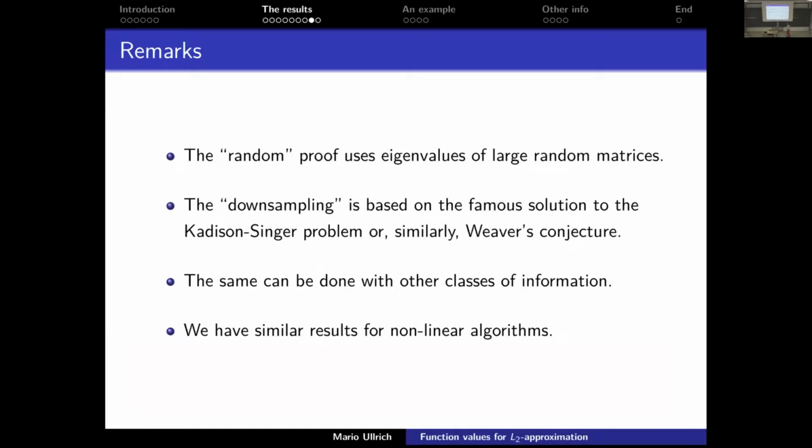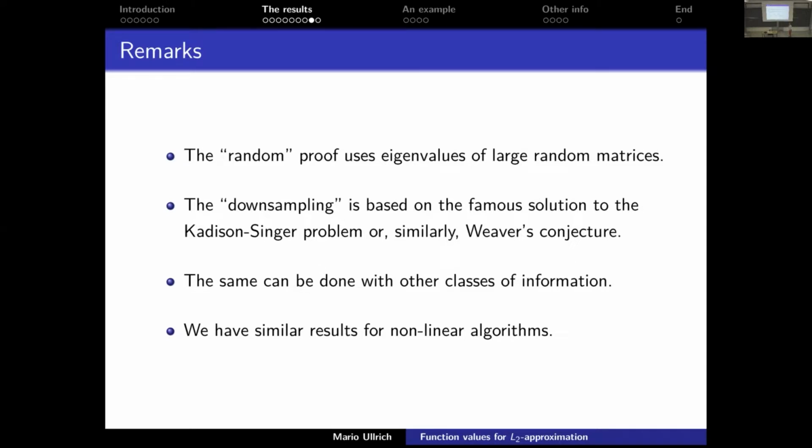So let me give some comments on the proof. The random proof here uses eigenvalues of large random matrices, but not even very deep things. The results we are using there have been well known for 10 years and are used in many areas. You have a rank 1 matrix, and you take the sum of rank 1 matrices, and you want to have some concentration with respect to the eigenvalue.